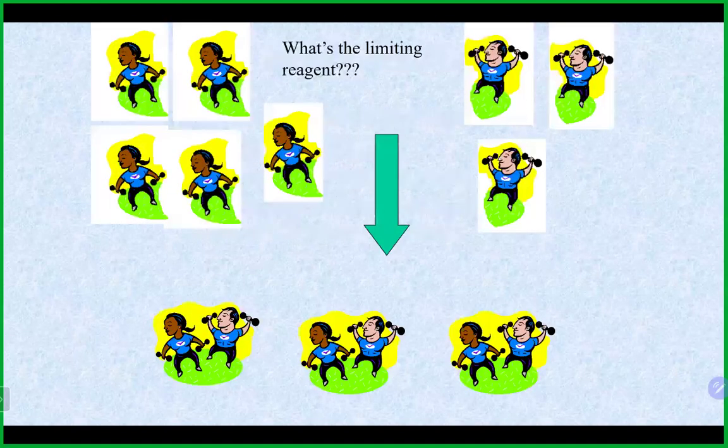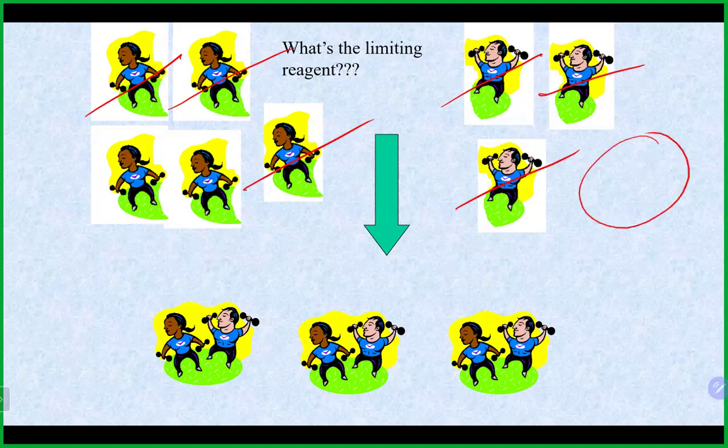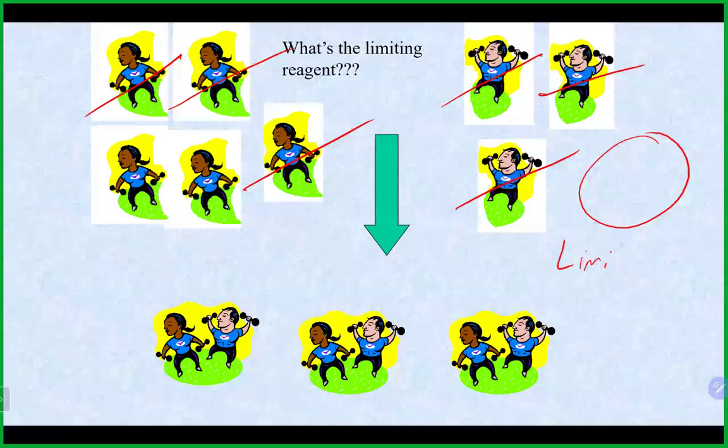So if we were going to make some workout buddies here, obviously we need one of each. And you can see here we could pair up 1, we could pair up 2, we could pair up 3. At this point, we are out of guys. That means over here these are our limiting reagents. Over here would be our excess reagents.